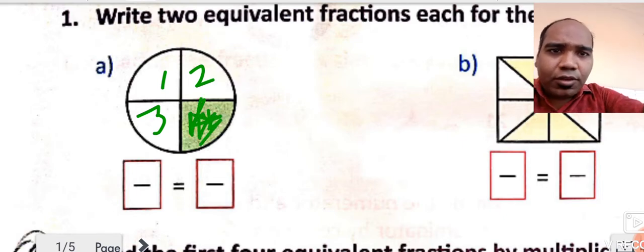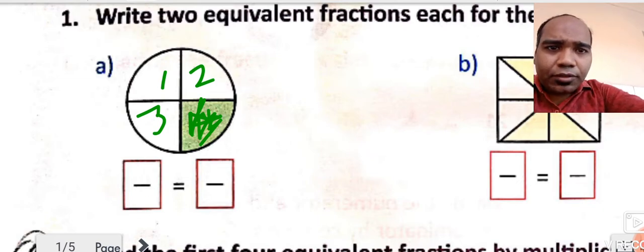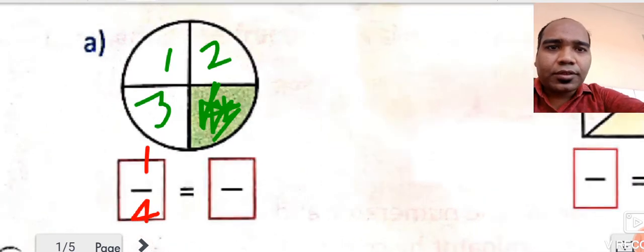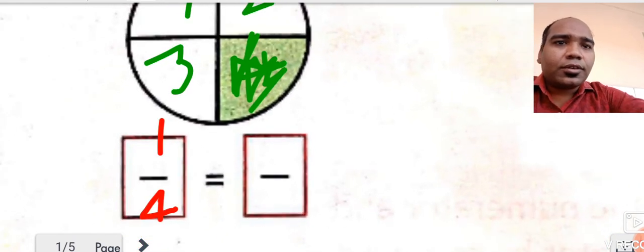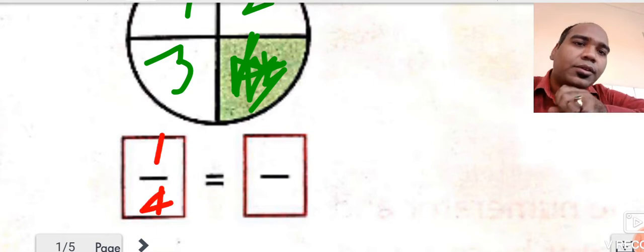So in fraction, how can we write this? Total 4 parts are there and one part is shaded, so we can write 1 by 4.